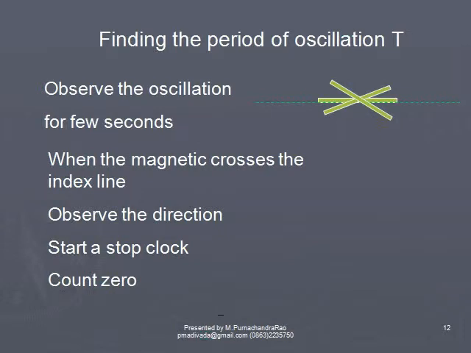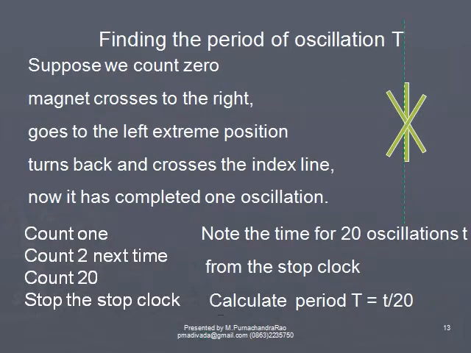Start the stop clock when the magnet crosses the index line in one direction, and count 0. Count 1 when the magnet crosses the same line in the same direction.